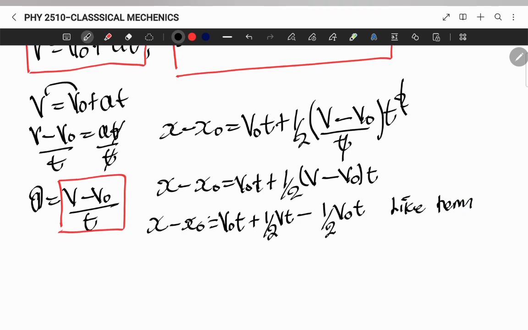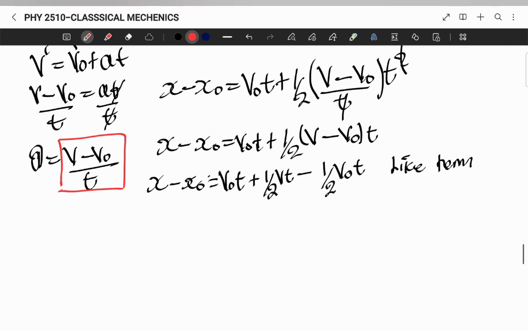So like terms. If you have noticed, this and these can be grouped. The coefficient here is actually 1.